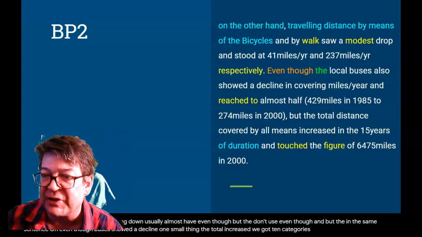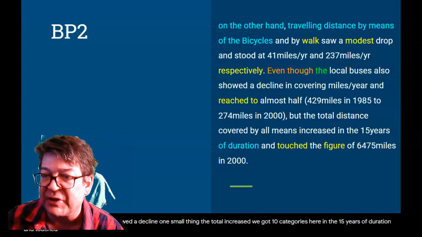We've got 10 categories here. "In the 15 years of duration and touched the figure of." From what? And there's no comparison. You miss the entire point about how cars played such a huge role in that increase.